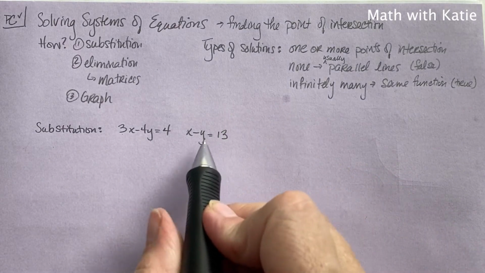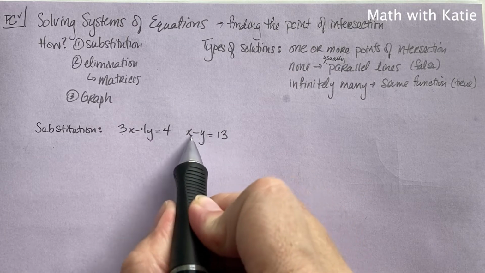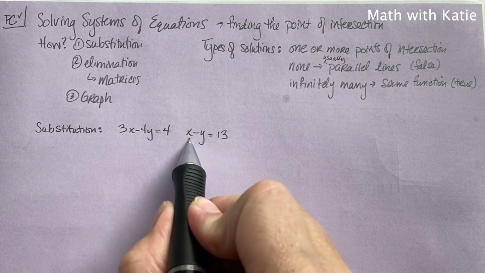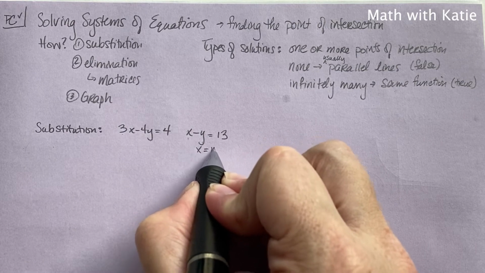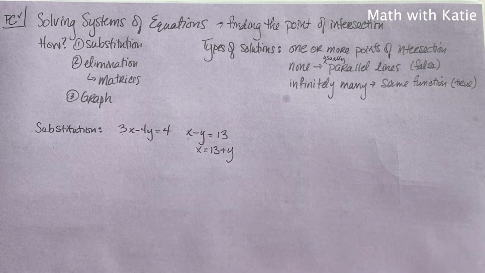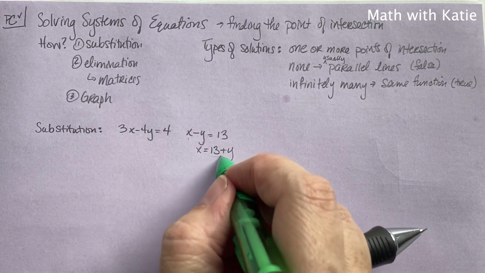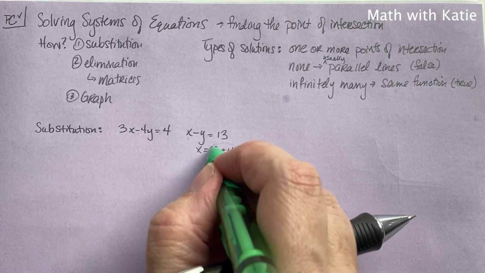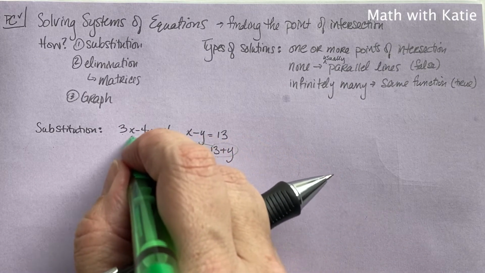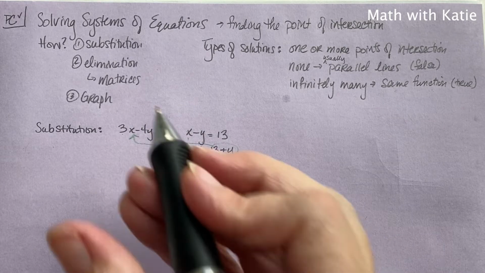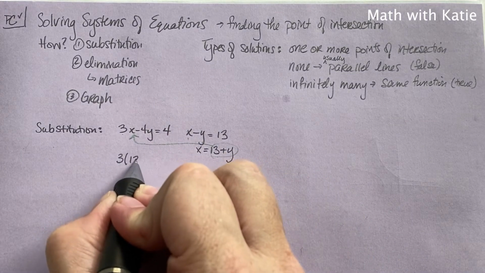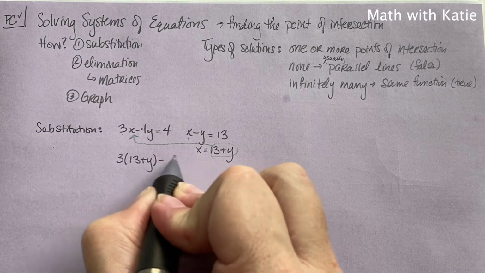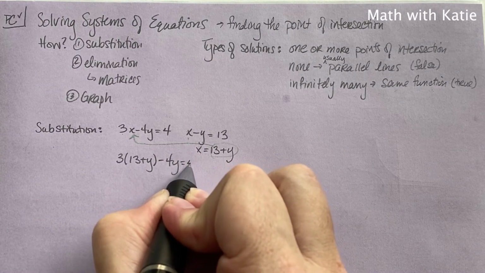So what I'm going to do is I'm going to solve this equation for x, because that way it'll keep our x positive. So we're going to add the y over. Okay, and now what we're going to do is substitute it in for the x over here. Okay, so 3 times 13 plus y minus 4y equals 4.